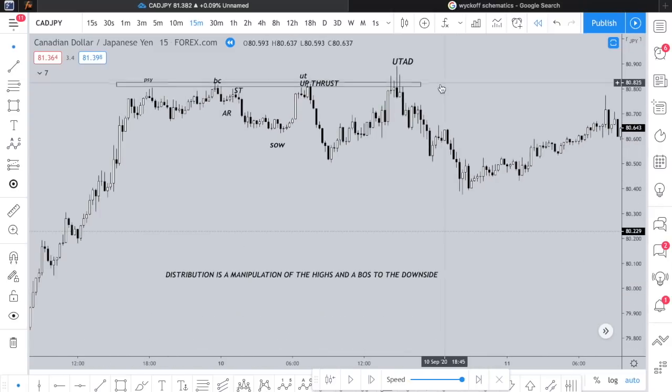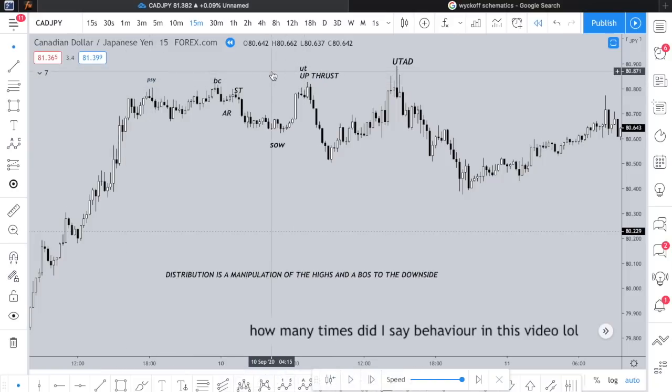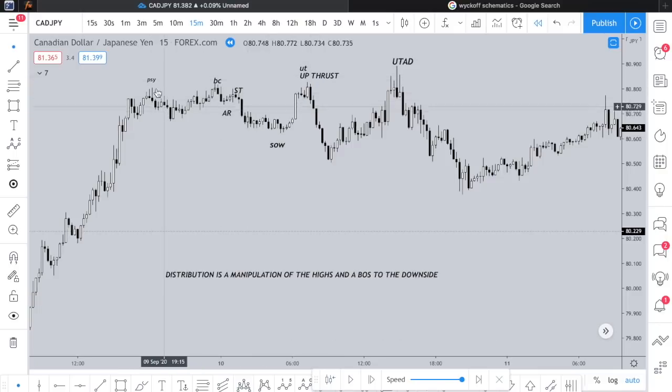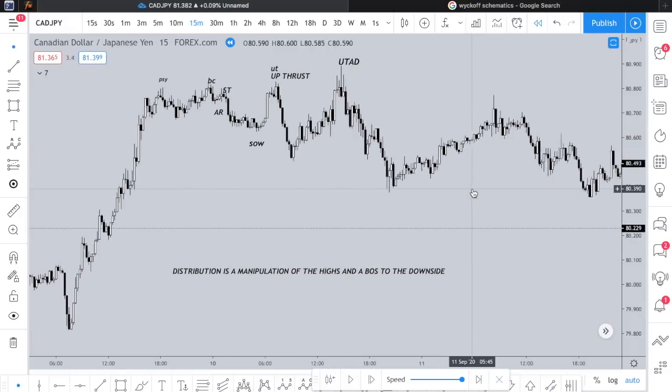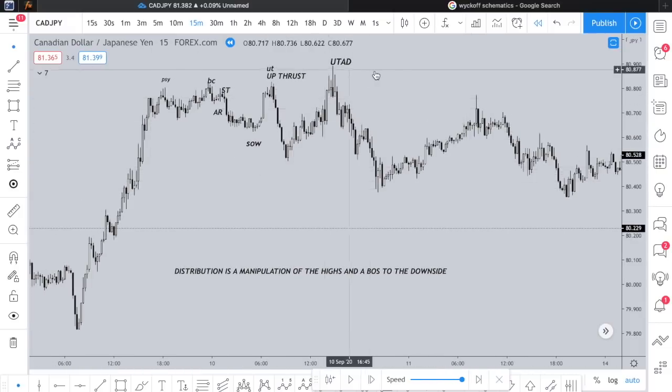More than being so worried about how to identify all of these highs and lows and how to actually label them, I want you to understand the behavior behind it. In this range, yet again, we are manipulating the highs and we are breaking structure to the downside. Once we have created this consolidation range, you can see that we are constantly taking the highs.